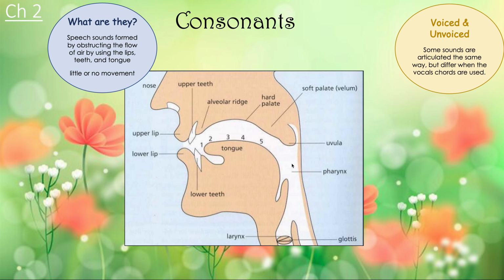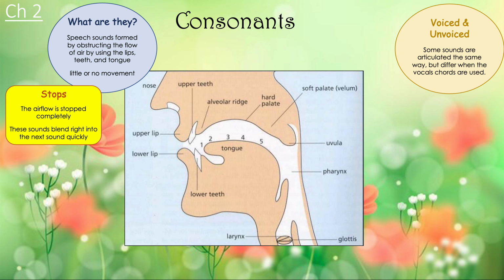Is it resonating back here in the back of our mouth? Or is it resonating up here in our nasal cavity? Is it an unvoiced sound that is created by friction with our tongue and our teeth or our lips? Or is it a stop that has a kind of impact moment by our teeth or at the top of our mouth? All of those pieces help us to distinguish consonants from each other.